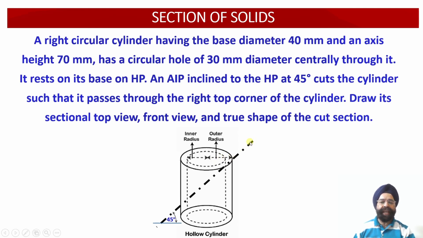This cutting plane passes through the right top corner, is inclined at 45 degree with respect to the horizontal plane, and is perpendicular to the vertical plane. Now we are required to draw the sectional top view, the front view and the true shape of the cut section of the right circular hollow cylinder.